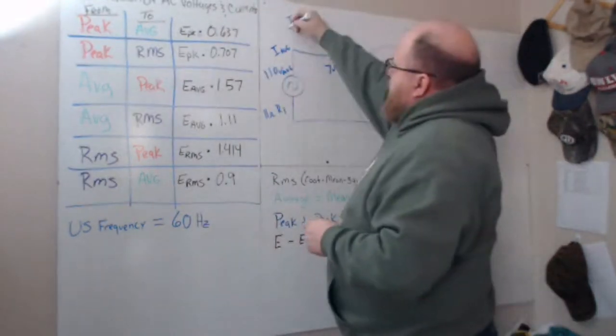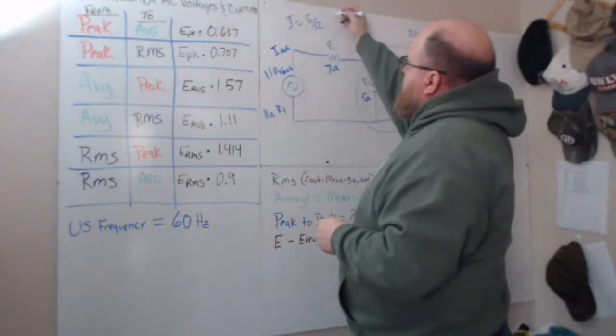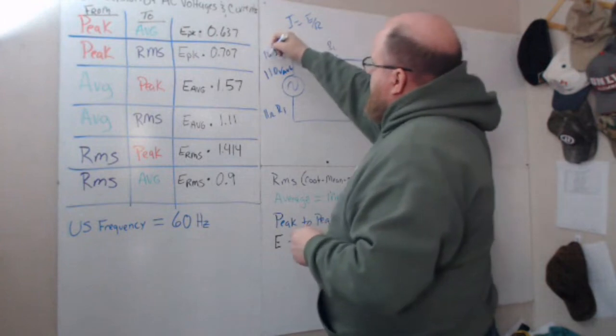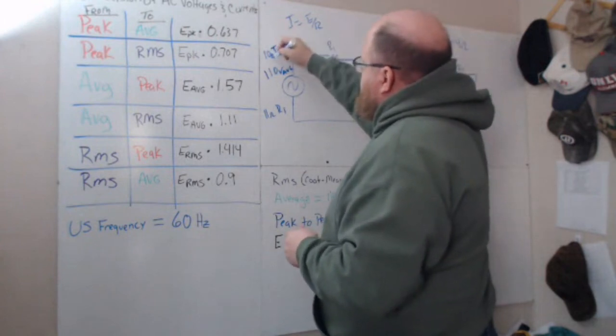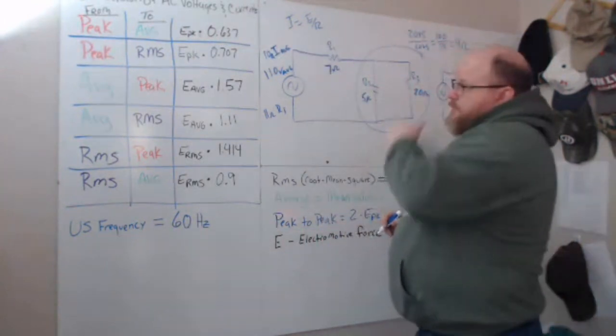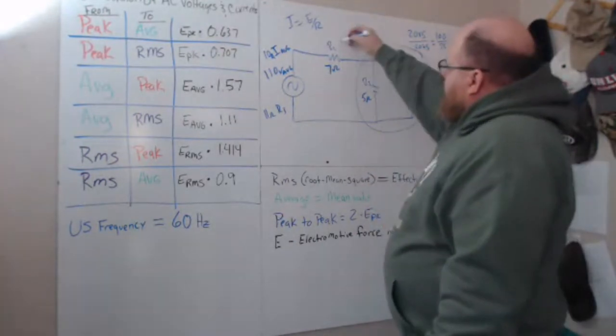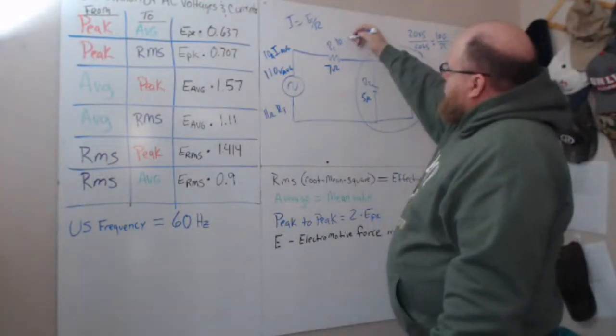Using Ohm's law, I equals E over R, we get this to be 10 amps for I average. For that, we know that I average at the first resistor is going to be 10 amps.